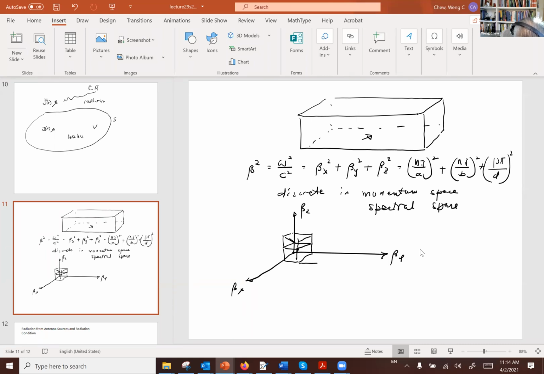And then you can draw these boxes, and they are given in very nice forms in many textbooks. Okay, so there are points in discrete space where beta x, beta y, beta z, when you add them up, can give rise to the resonant frequencies of this cavity. And it will be easier to draw this picture in 2 dimensions.